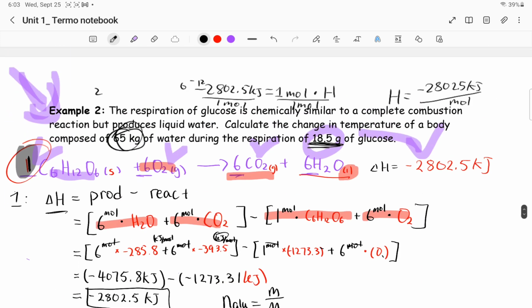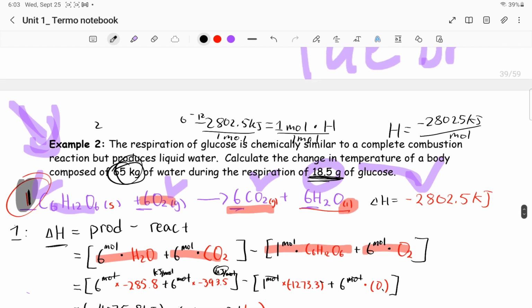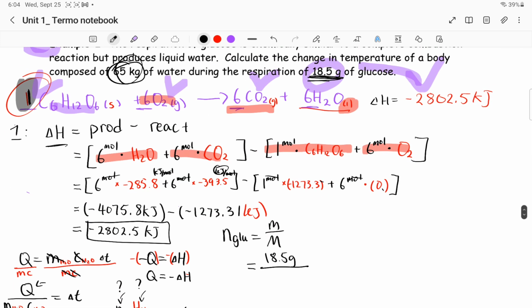I gotta calculate it. So molar mass, if I do it real quick, so glucose, that's 6 times 12.01, and then 12 times 1.01, and then 6 times 16.